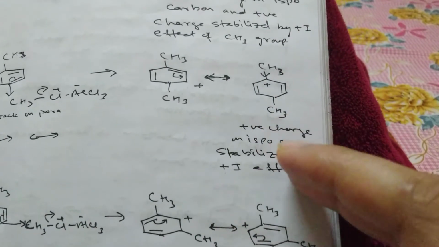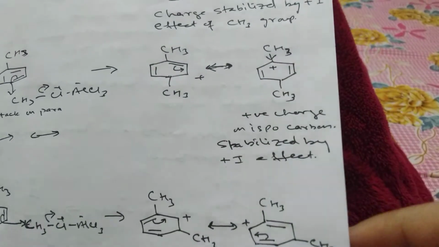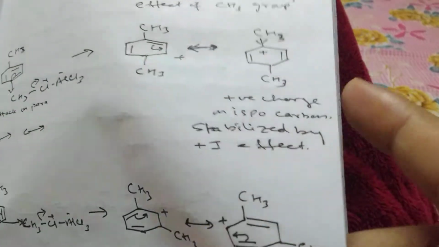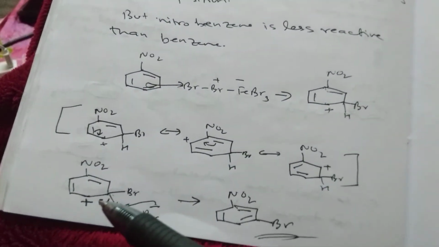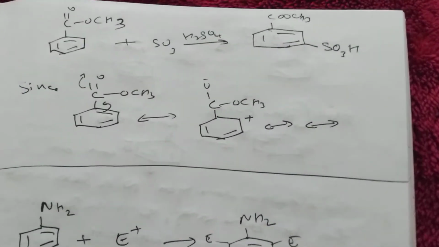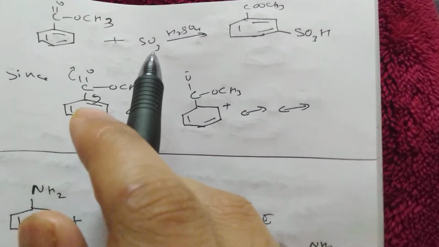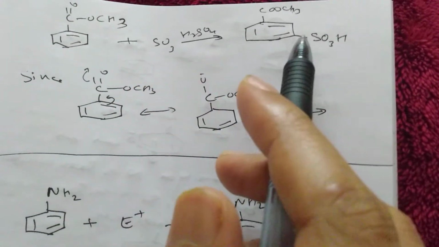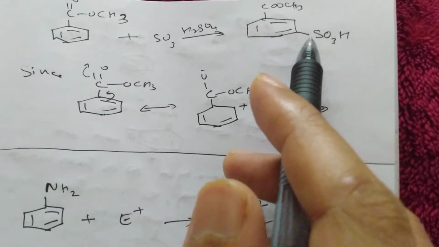And therefore, when nitro, any electron withdrawing group is there, attack does not happen on ortho and para position. Attack always happens on meta position, so that you don't get positive charge on ipso carbon. Similarly, you can see this when you do sulfonation, attack happens on meta position, right?